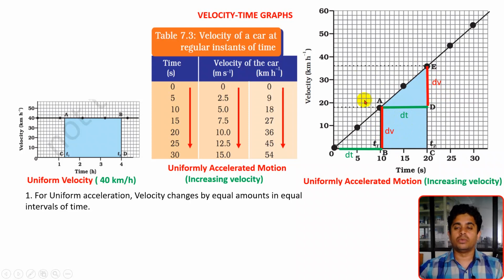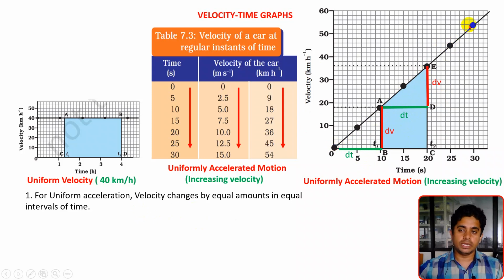So here what we are observing is the change in velocity for the particular time interval. It is for time interval 1. Similarly, for time interval 2 also, if I calculate, the magnitude will remain constant. The value of this dv will remain constant. Such kind of acceleration we will call uniform acceleration.